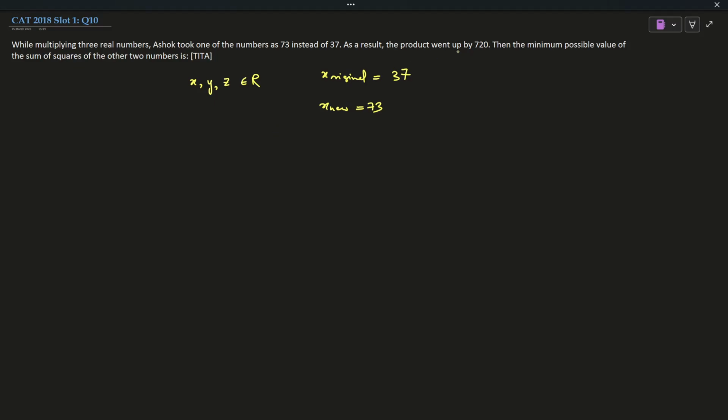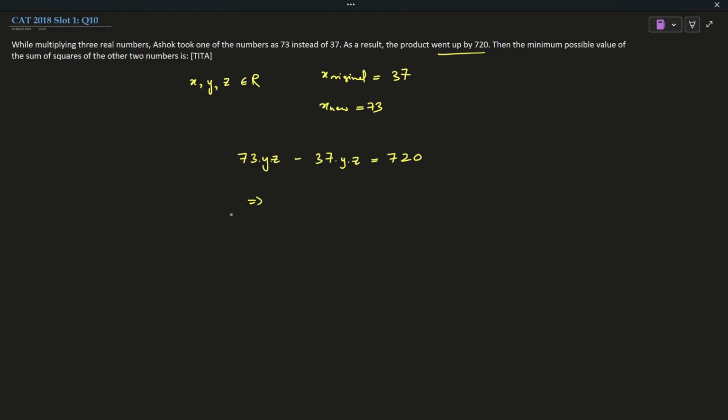As a result, the product went up by 720. What is the product? Not x, y, z. He took it as 73 into y into z, but it should have been 37 into y into z. And this difference is 720.